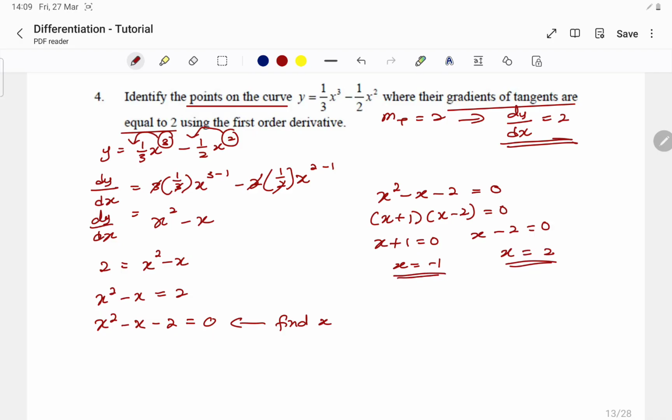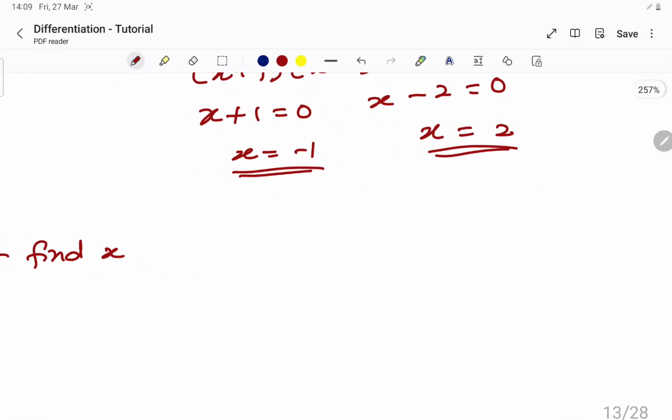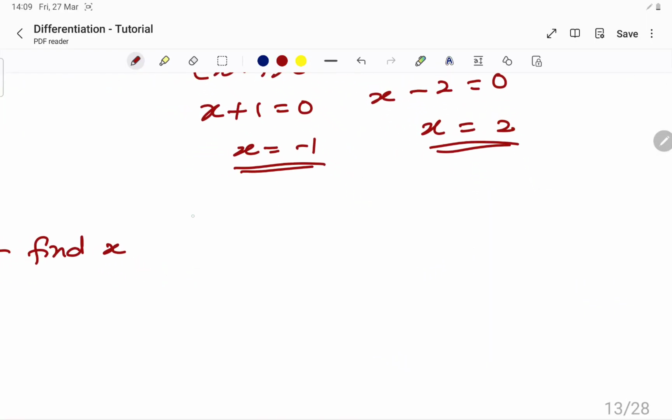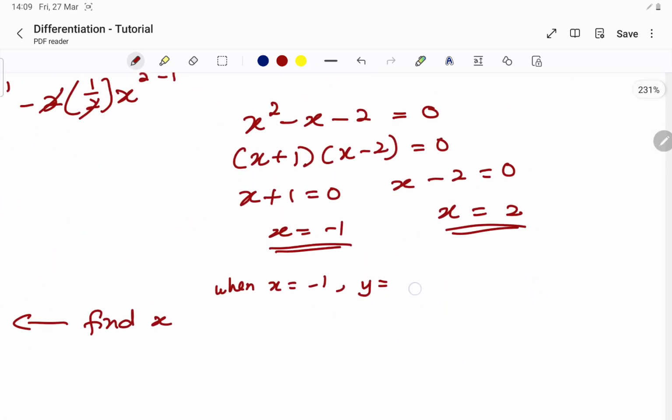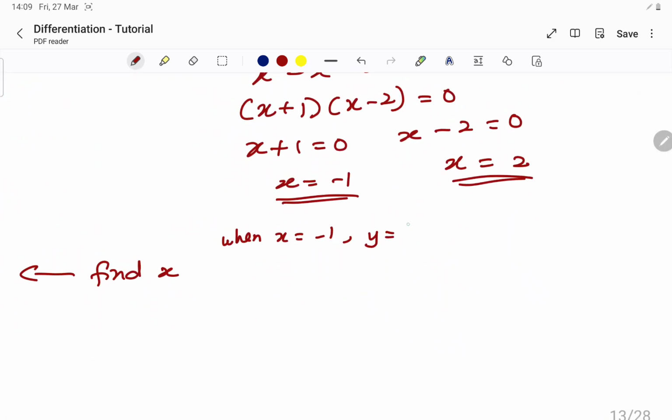So when you have this, what you have to do is find the point. You already have x. So when x is equal to -1, y is equal to, you substitute inside this y, which is 1 over 3 multiplied with -1 cubed minus 1 over 2.